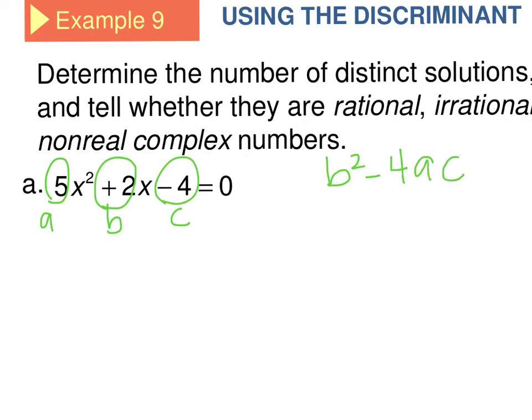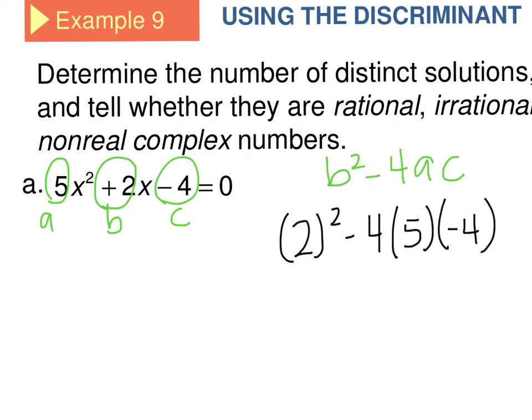So I'm just going to substitute my numbers into the formula, and that gives me 2 squared minus 4 times 5 times negative 4, and I get 84 for the value of the discriminant. Now since 84 is positive but it's not a perfect square, there are 2 distinct irrational solutions.